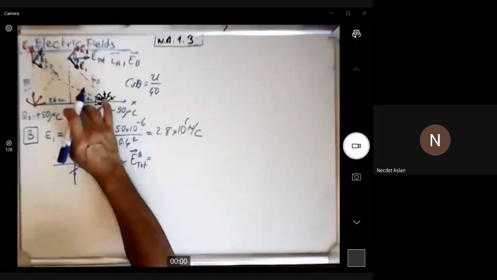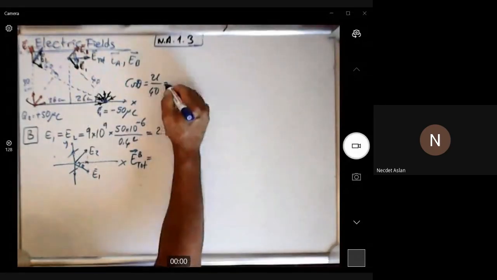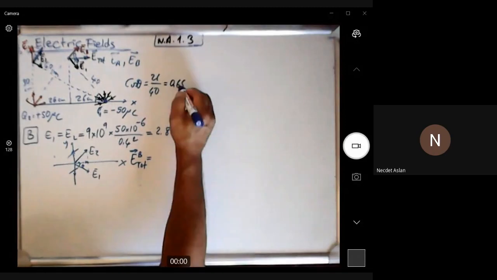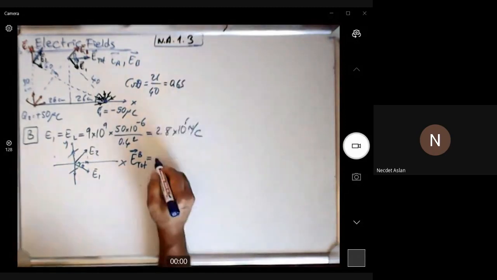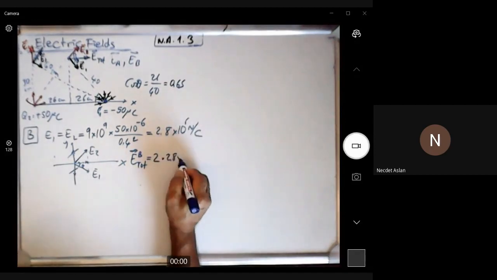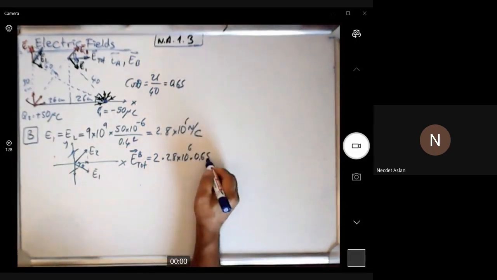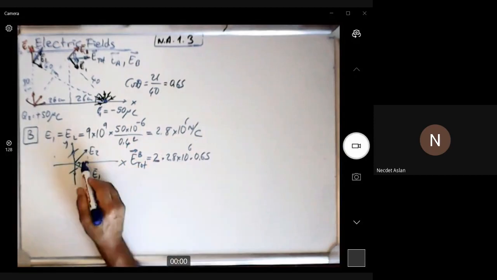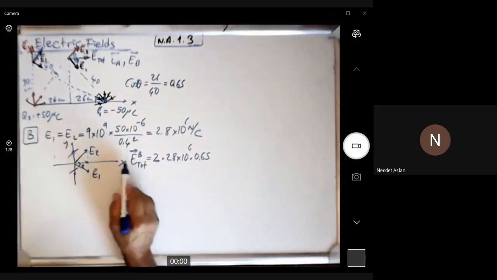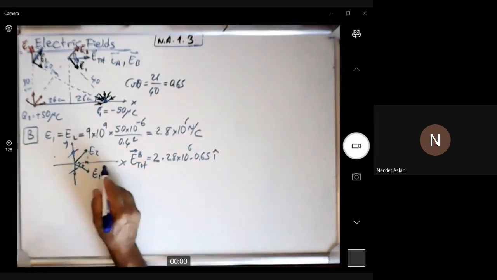Cosine theta is just this division, and it is 0.65. So by multiplying 2 times E1, or 2.8 times 10 to the 6 times cosine theta, which is 0.65. It's 2 times, because don't forget, one came from E1 and the other came from E2. So E total at point B will be totally in the X direction.